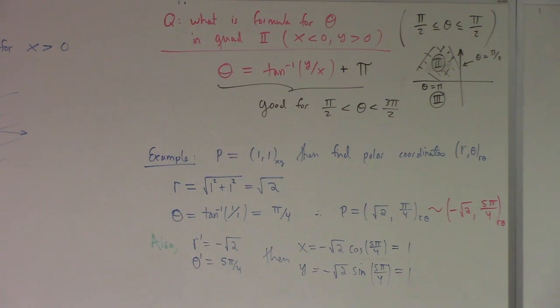Now, there's also another sense of ambiguity. This is also equivalent to root 2, 9 pi over 4, because I can keep the positive radius and add any multiple of 2 pi. Geometrically, that's the same standard angle.